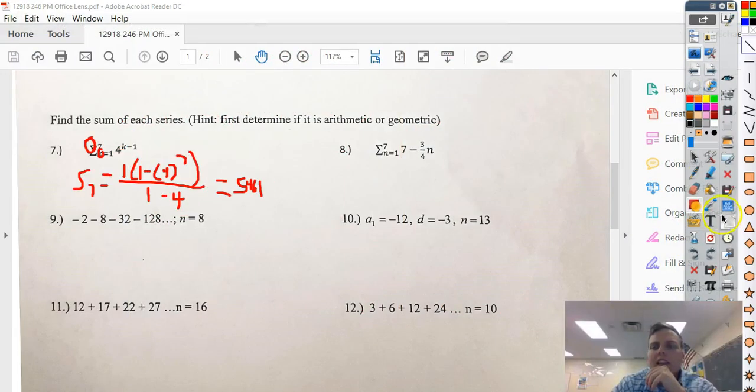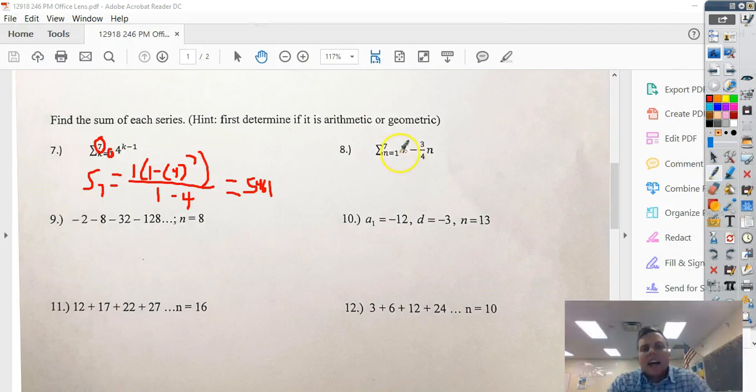When I go look at the given information, I think, oh, that's really easy to find the first term and the last term. Just plug in a 1 to find the first term. So it's just going to be 7 minus 3/4 times 1, which is just 6.25. And then to find the 7th term, you just plug in a 7 for n.